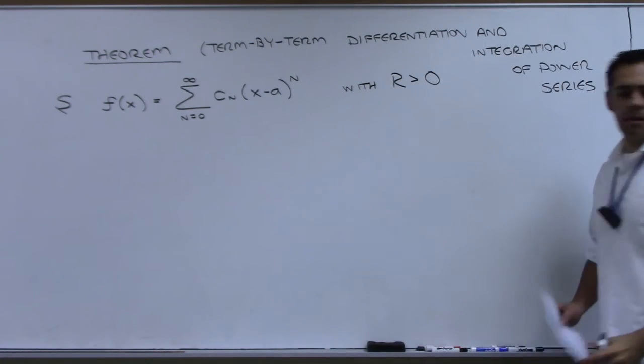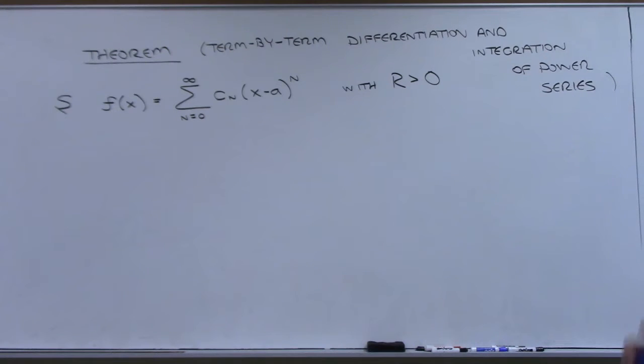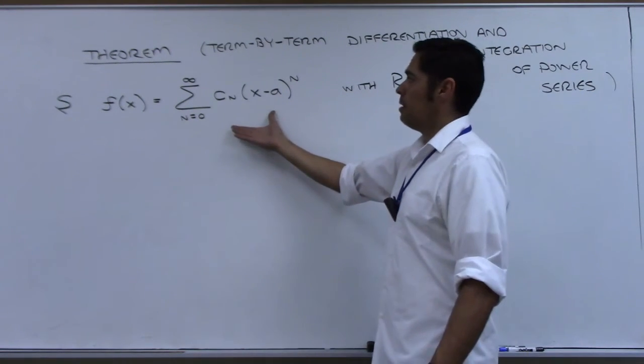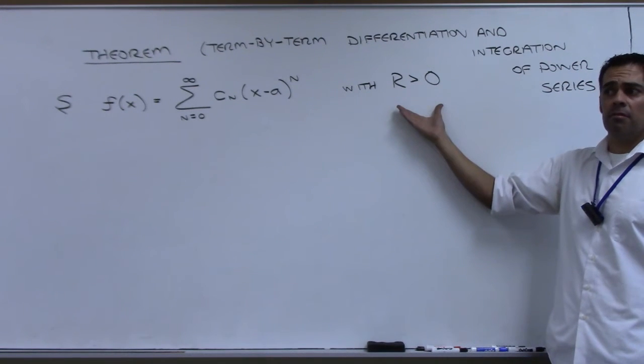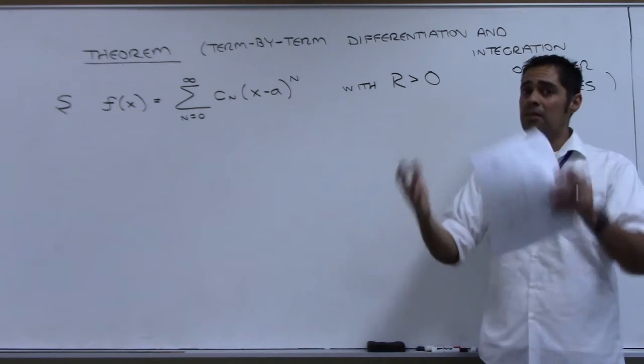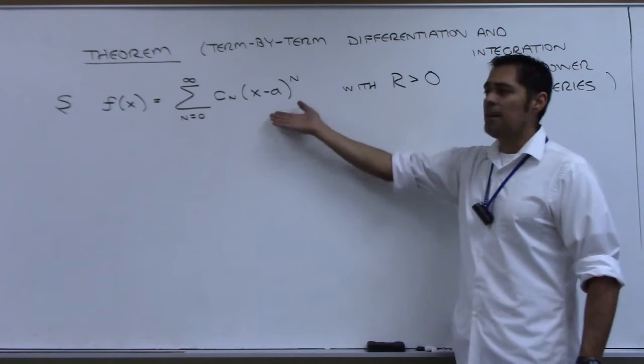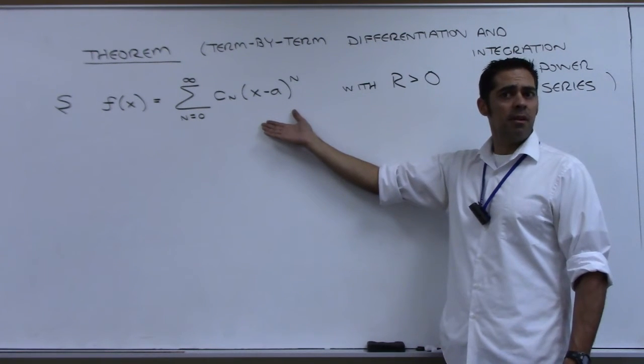So what am I telling you there? Suppose we have a power series that has a radius of convergence that's greater than 0, which means that there is some interval where this thing is going to make sense.